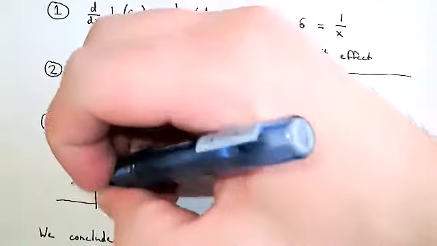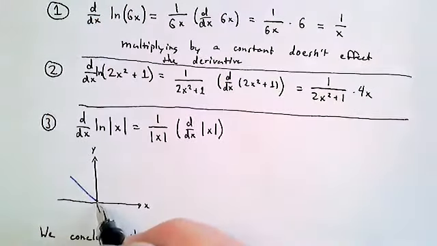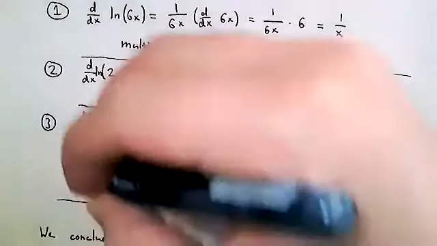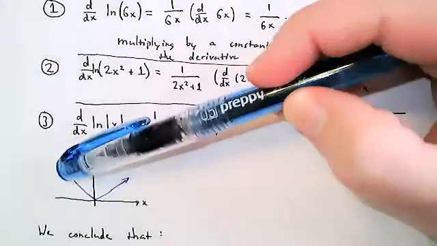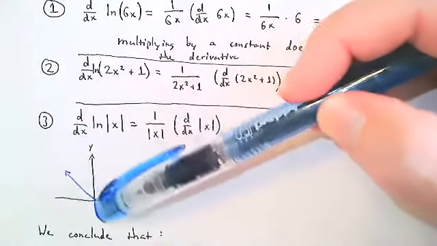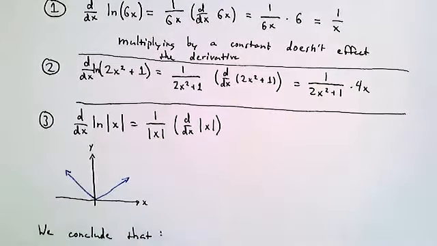So remember what the absolute value function looks like is this. If you're on this half of the graph, it's a line with slope -1. And if you're on the right half of the graph, it's a line with slope +1.